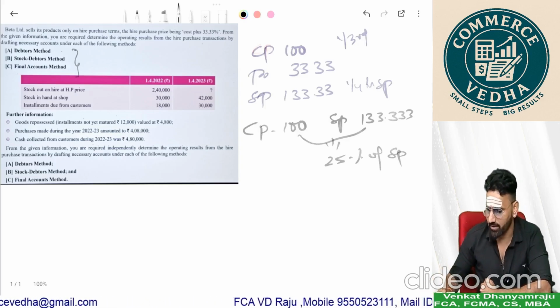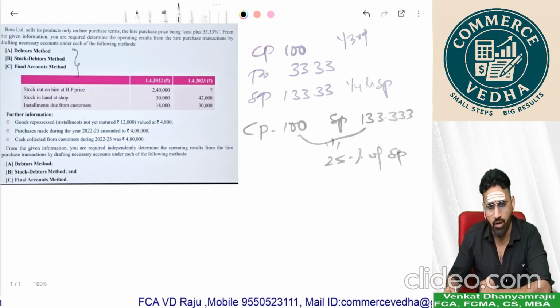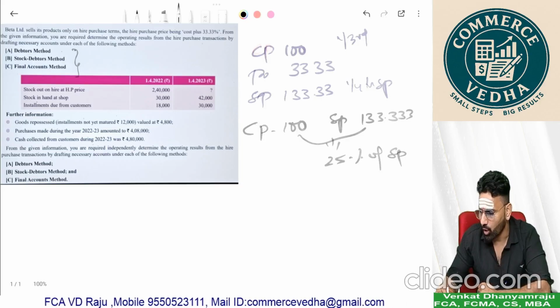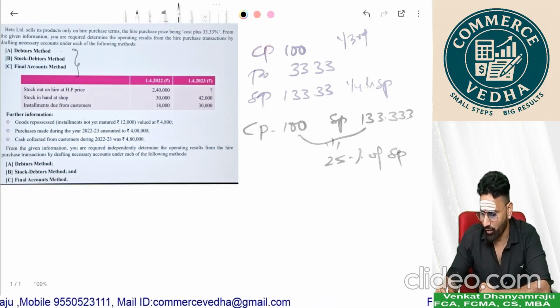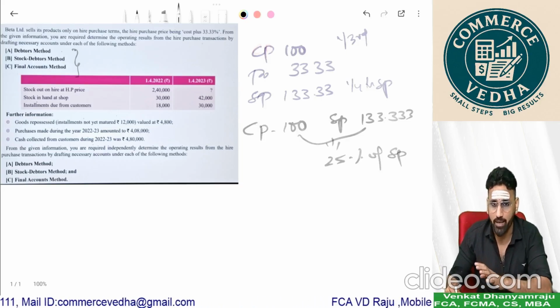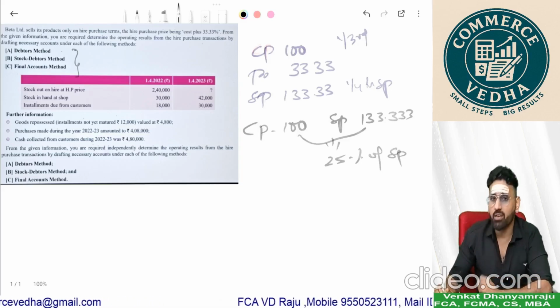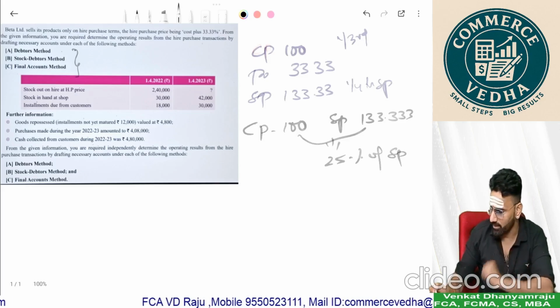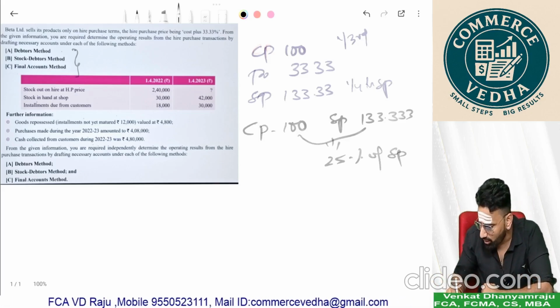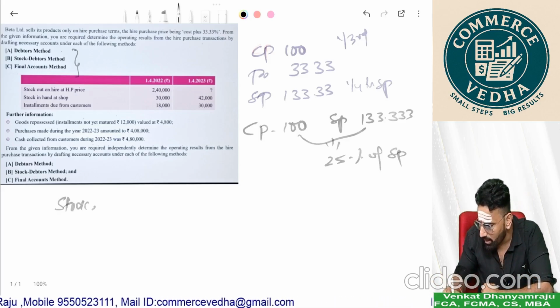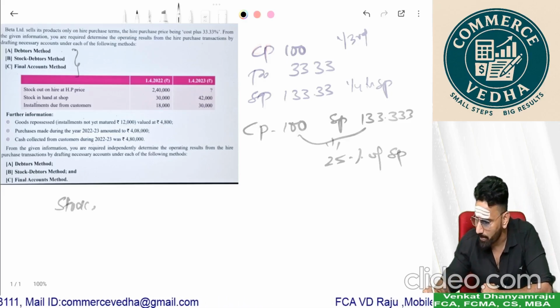And when we see here, it says stock out on hire purchase, opening 2,40,000. It says hire purchase price. Whenever the question says hire purchase price, see here, opening stock at hire purchase price.